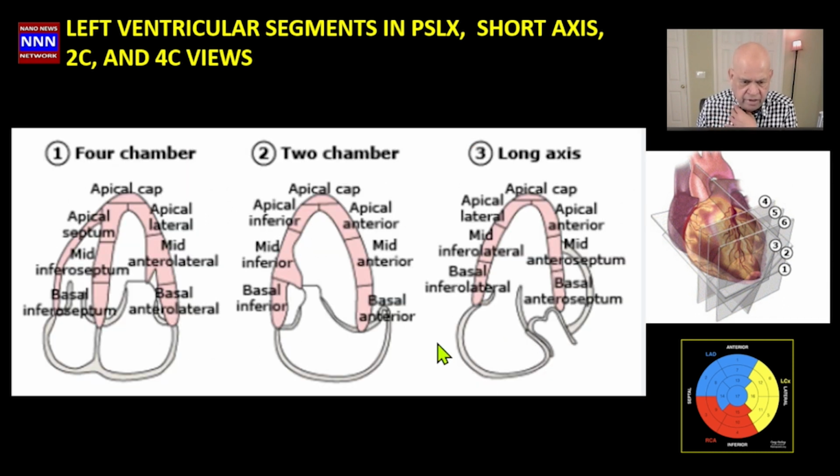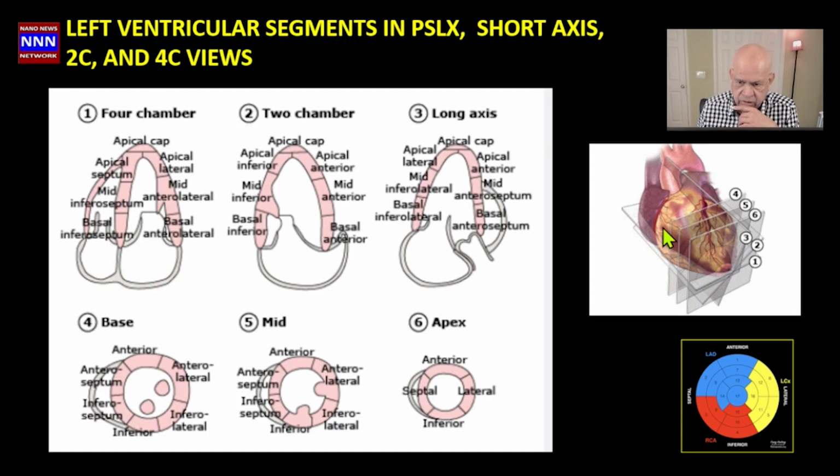This is an expanded view of the same things that I was talking about when you're looking at the parasternal long axis. I keep emphasizing we are looking at anteroseptum and inferolateral in the long axis. If you go back here, if you look at the long axis, we're looking at the inferolateral and anteroseptal region.